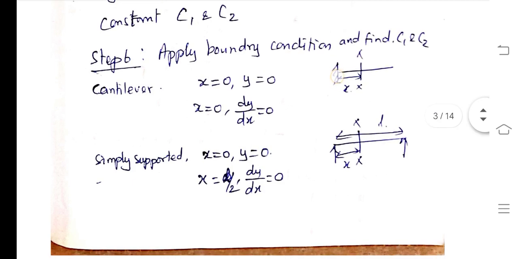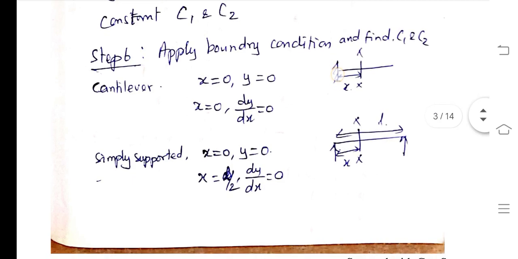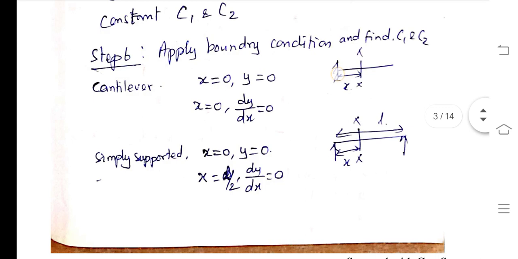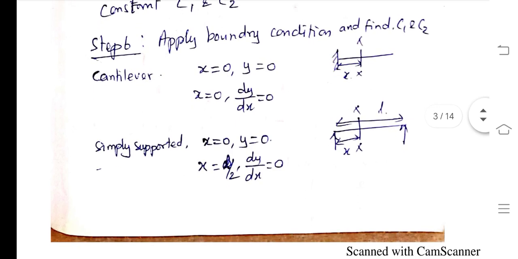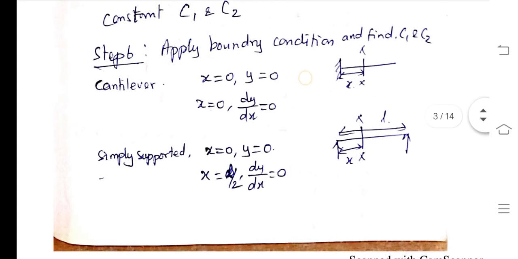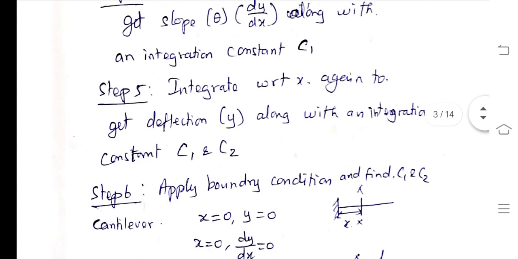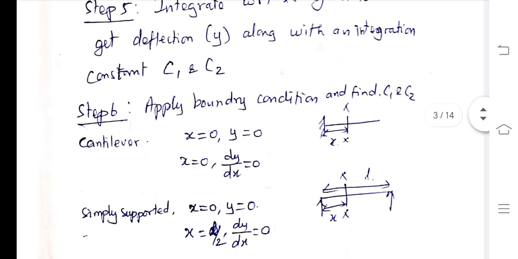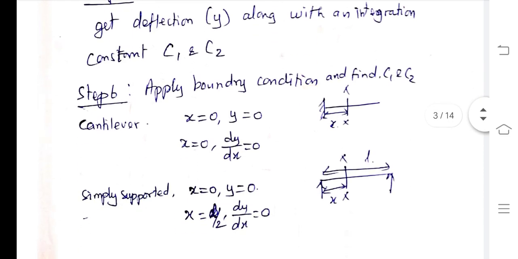At the fixed support, when x is equal to 0, y, the deflection, is 0, and since the fixed support will not rotate, the slope is also 0. So at x equal to 0, y equal to 0, and at x equal to 0, dy by dx equal to 0. Substituting these boundary conditions in the first integration equation and the second integration equation, we can find the values of C1 and C2.